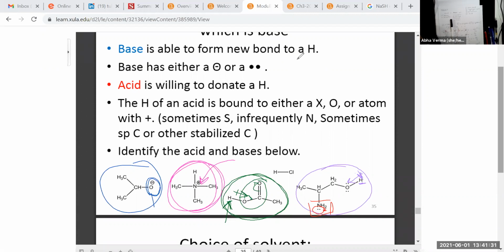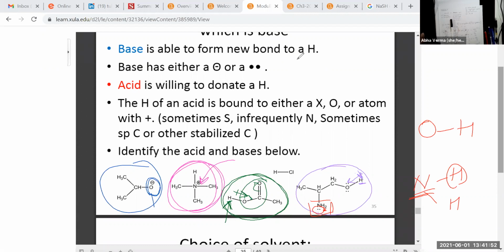Even though there are hydrogens next to nitrogen, we do not usually say that the hydrogen of a nitrogen is acidic. We definitely say that the hydrogen of oxygen is acidic, but not as much as a hydrogen on a nitrogen. So what is going on?